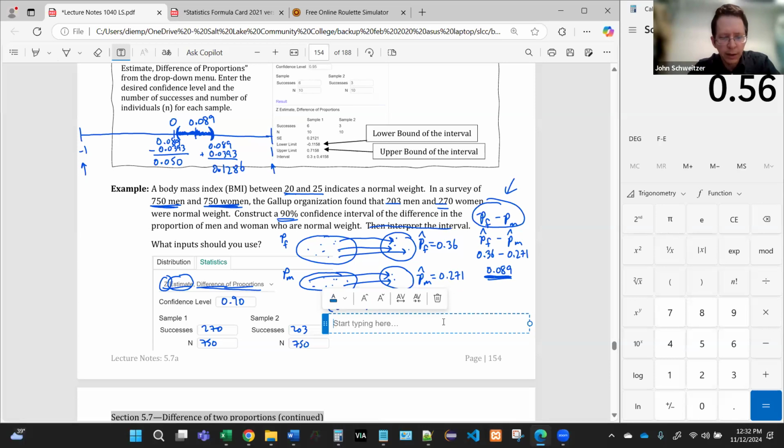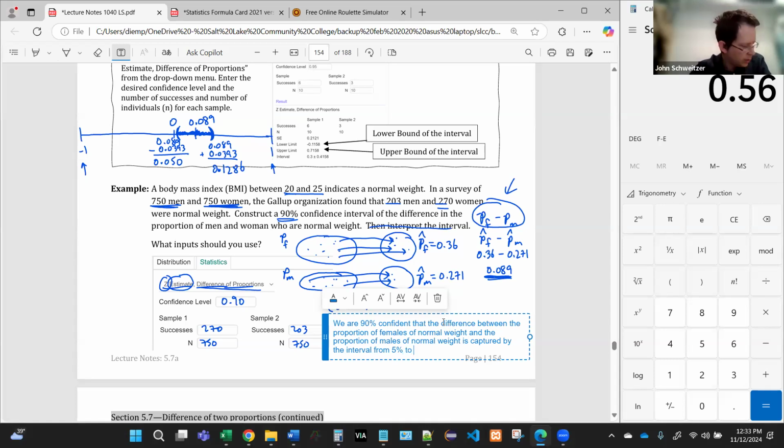How does it go? We start off by telling people what the confidence level is. So we are 90% confident that the difference between the proportion of females of normal weight and the proportion of males of normal weight is captured by the interval from, and you can use a proportion or a percentage, I prefer percentages at this point because I think it's clearer for most people, from 5% to 12.86%.